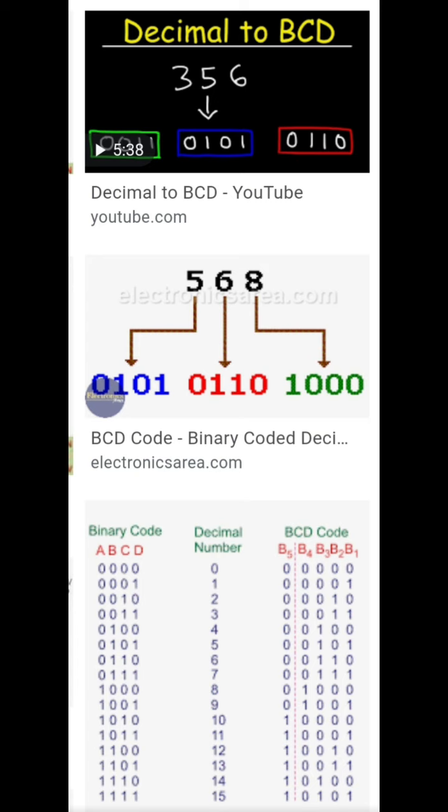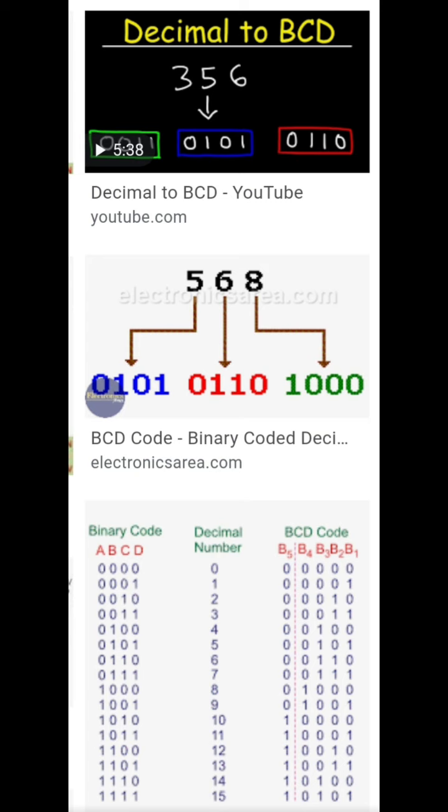Here BCD is a group of 4 bits. For 3, 5, 6: for 6, 0110. For 5, 0101. And for 3, 0011.